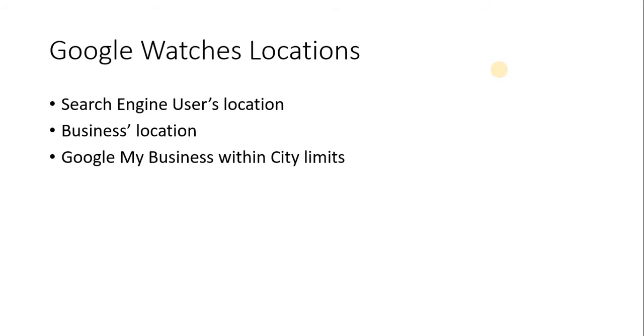Now, this is the part that some people just miss, and they never get told this. You need to have a Google My Business listing. So that's just the address that you plug into Google when you sign up for your free listing at business.google.com. And that needs to be within the city limits. So it needs to have an actual city address of where you want to rank for, right?